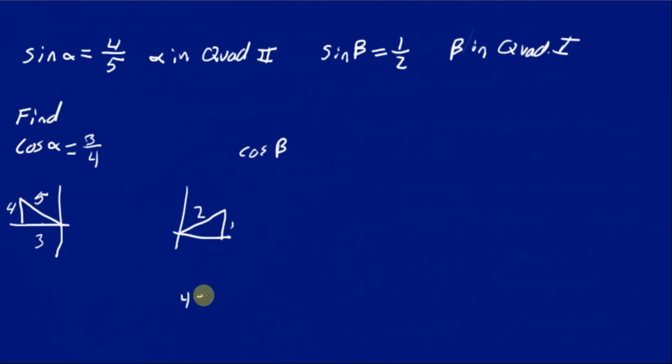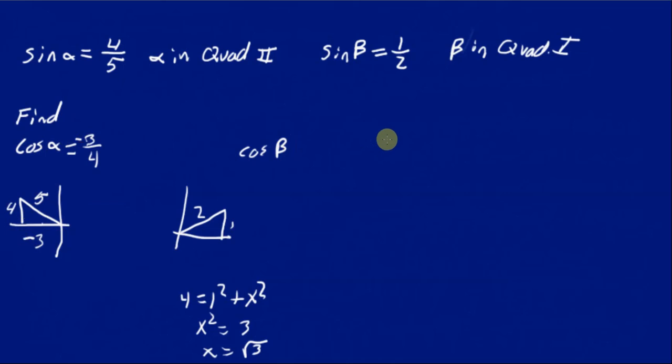The hypotenuse squared is equal to the sum of the squares of the legs. And that means that x squared is equal to 3, or x is equal to the square root of 3. And we're only going to deal with the positive because it is positive. If we were finding over here, then that would have been a negative root 3, or a negative 3 actually. So that makes this a negative 3/4.